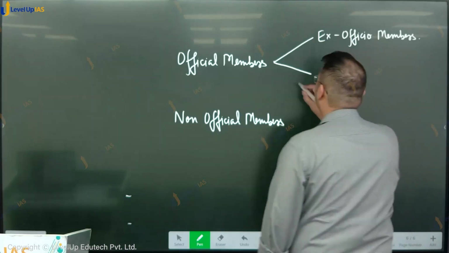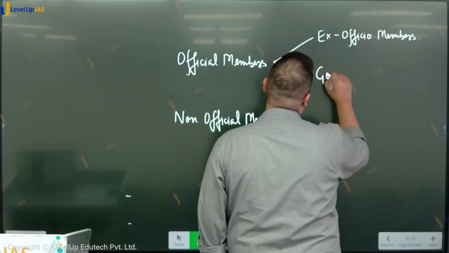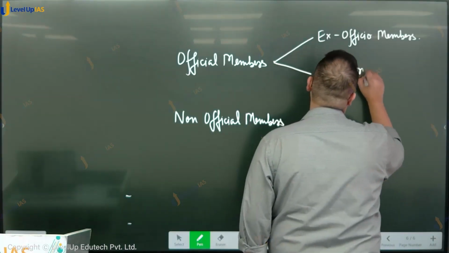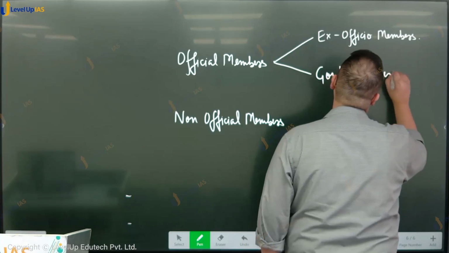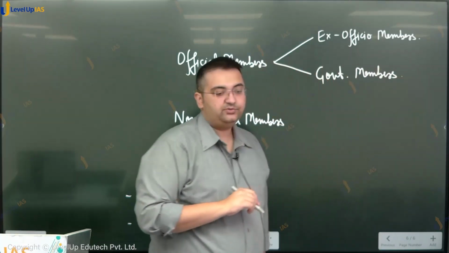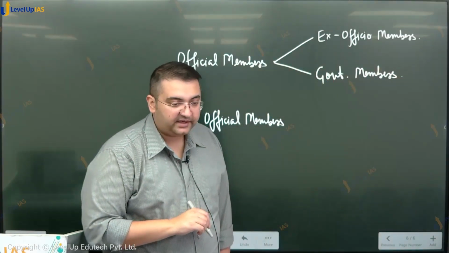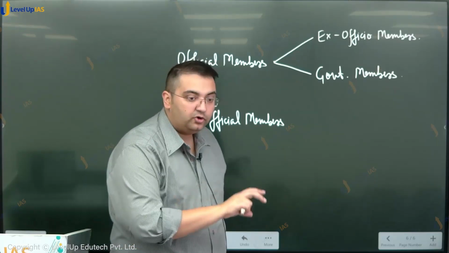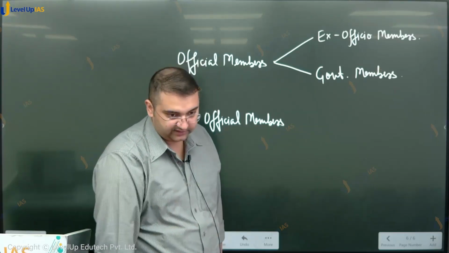And second were government members. So these were members from the British government who were nominated to these councils. Clear?